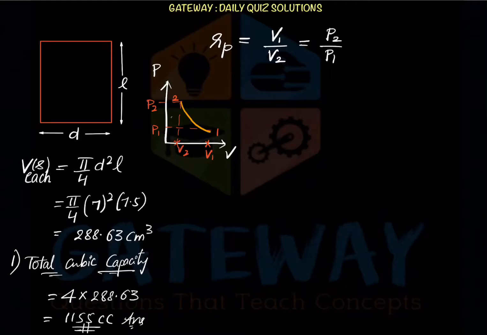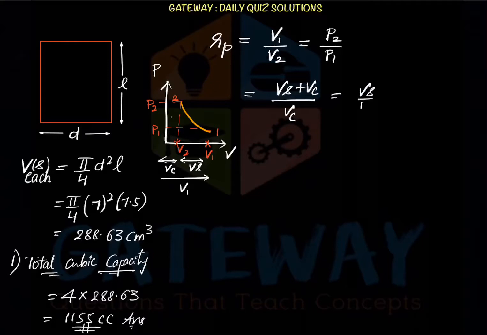This initial volume V1 we can write as V swept plus V clearance, which we already discussed. This is the V swept, and this is our VC, so total V1 is VC plus VS, upon V2, which is VC. From that we get VS by VC plus 1, and that is equal to the RP. In the question VS was known and RP was known, so we can calculate VC.